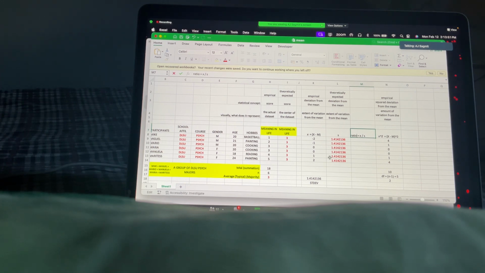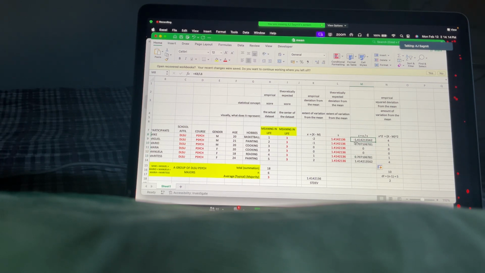So that ratio basically is the z-score, referred to as the standardized. So it just tells us, to compute -2 divided by the standard deviation. These are how you have it.